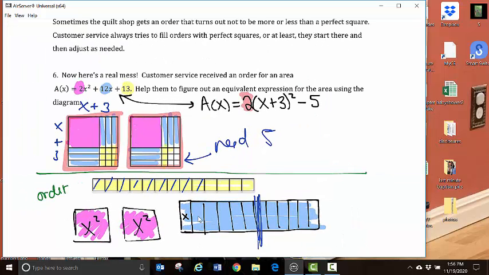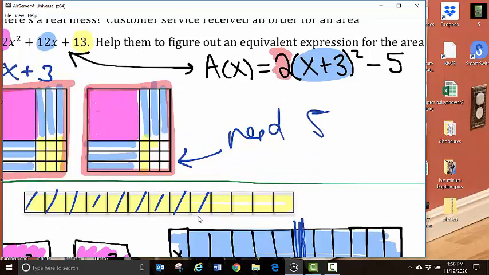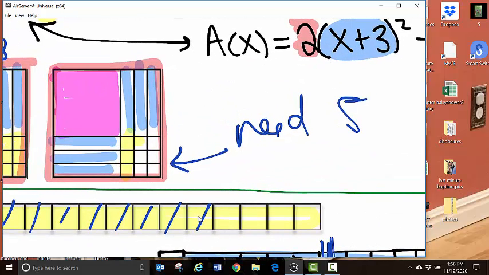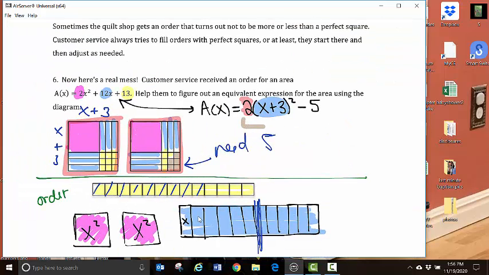So that's where I get this part from. But that would give me 2 full quilts, and I don't actually have 2 full quilts. I have 2, and I have 1 that's missing these 5 pieces right here, right? We really don't have those. So we'd say take the area of 2 quilts, but subtract 5 pieces, and that would give us the same expression.